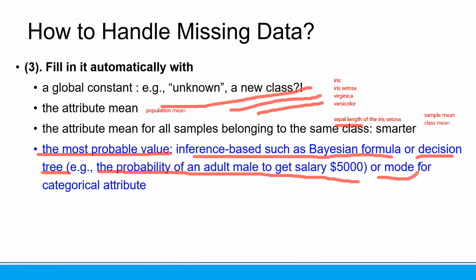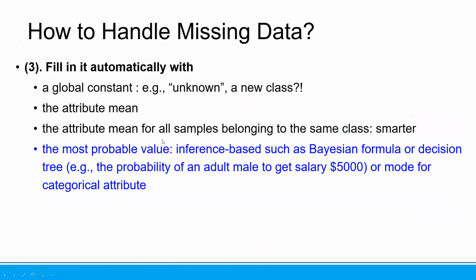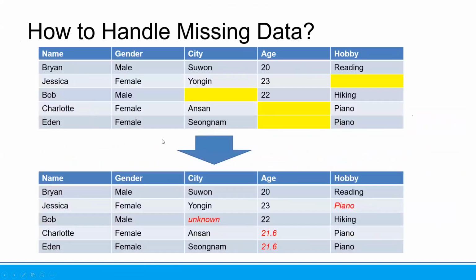Or we can use mode. Do you remember mode? Mode is the most frequent value. And we can use this one for the categorical attribute. Now, we have an example.